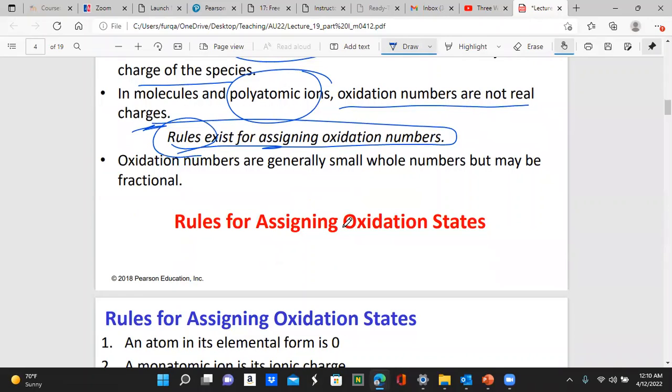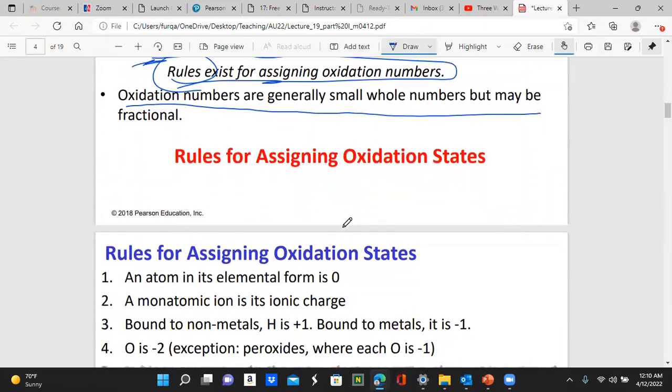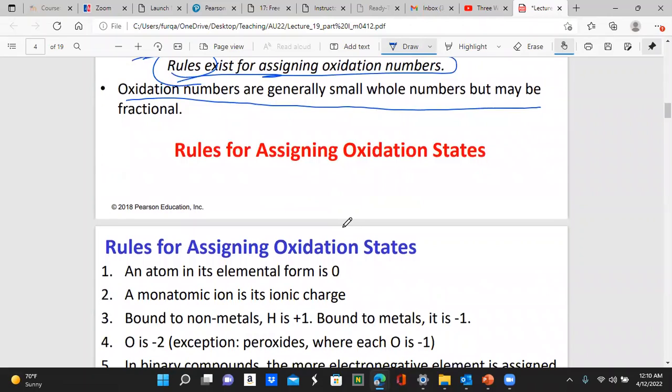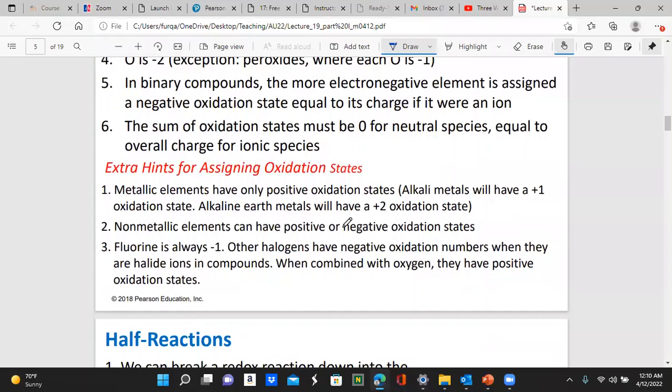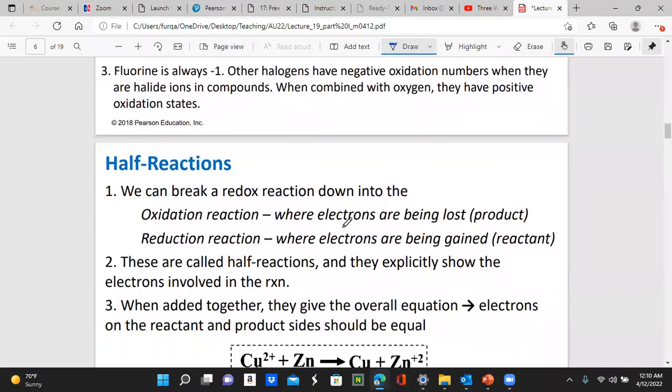You all need to memorize these rules while you're doing the oxidation number on these elements in a compound. Oxidation numbers are generally small whole numbers, but may be fractional. We're not going to come across the fractional ones, but you must know that rarely they might be fractional also. So there are rules that you're all going to memorize because it's going to become handy for you to determine the oxidation state of all the elements in a compound.